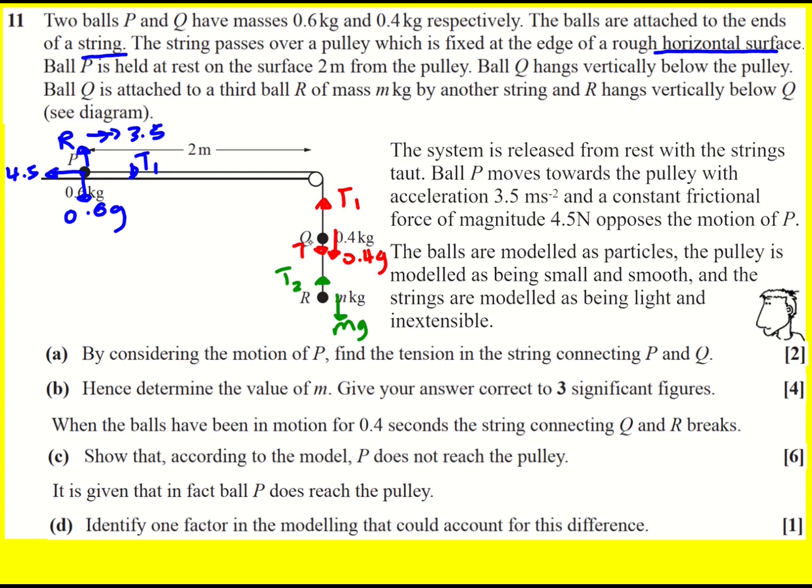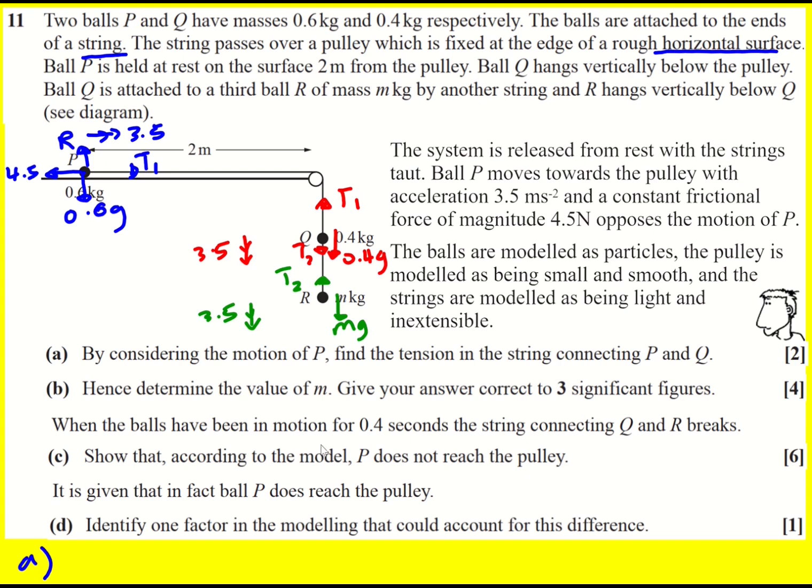Instead, it's going to be T2 acting down. So that is our setup. The only thing I've not included is that because P is accelerating to the right at 3.5, then Q and R are both also going to be accelerating down at 3.5 meters per second squared. So I could add them on. All right, we're all set up.